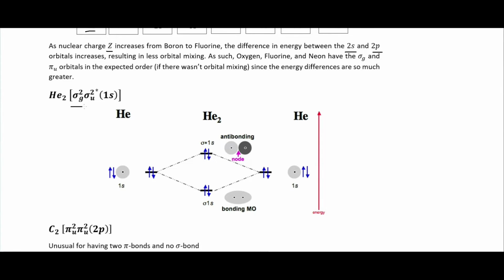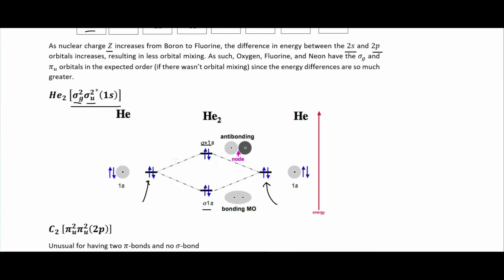And so this is the molecular orbital electron configuration right here. So we are bringing these 2 atomic orbitals from one helium and 2 atomic orbitals from another helium, and we generate these sigma and sigma star right here. So that's the sigma g with the 2 telling us how many electrons there are, and the sigma u 2 star telling us how many electrons there are in the antibonding.